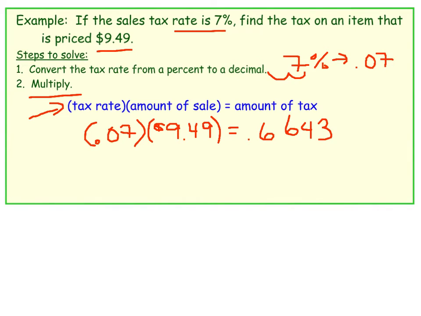And we know that when it comes to money, we typically round to the nearest cent. So if I look at the 6 here and right next door, that is under 5, so I am going to round down or leave that the same. So my tax is going to be 66 cents on a $9.49 item.